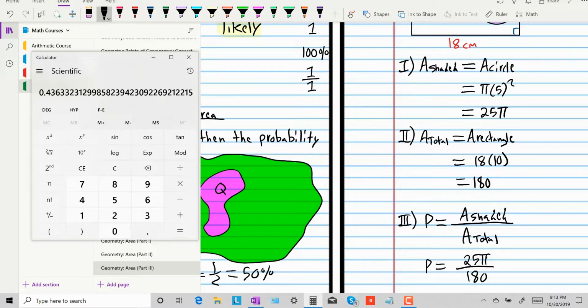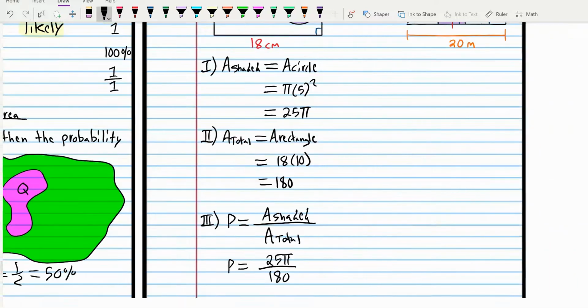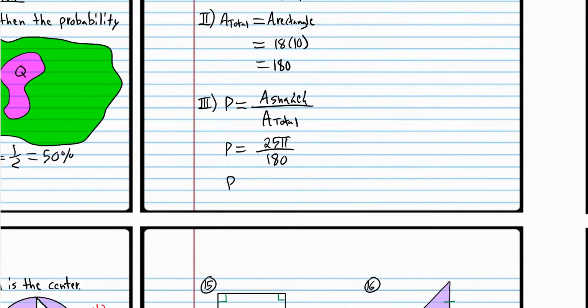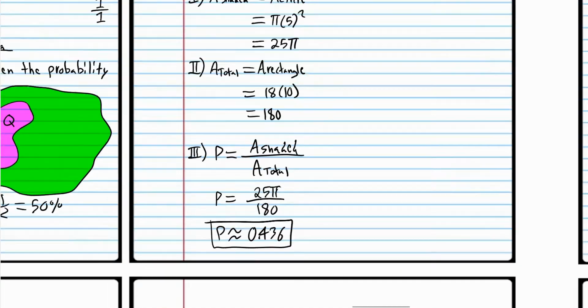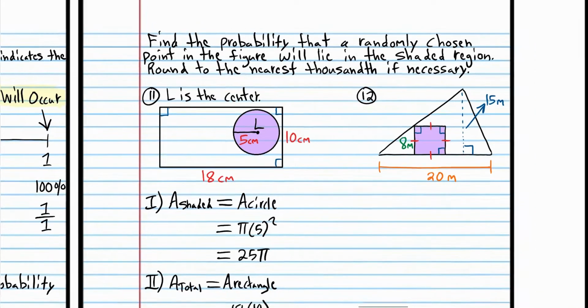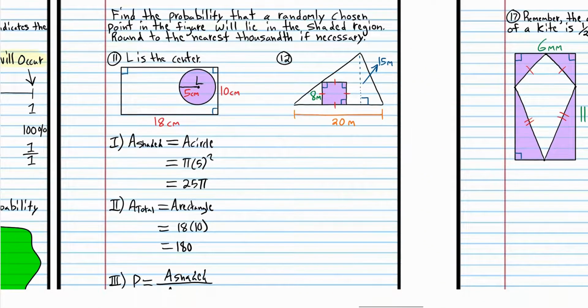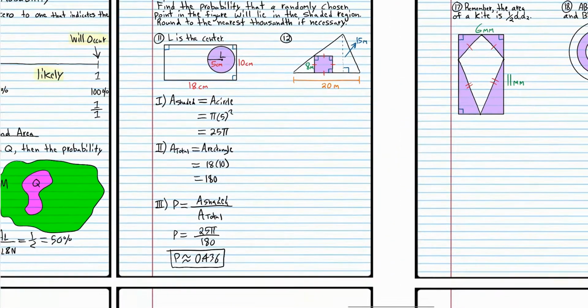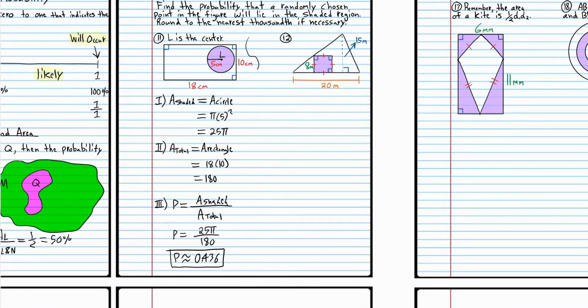Now it says to round to the nearest thousandth, so that would be 0.436. So the probability is approximately equal to 0.436. What that means is that it's a little less than half the likelihood that it's going to land inside this shaded region if you just pick a point randomly. You're not necessarily dropping anything, but you're picking a point randomly.